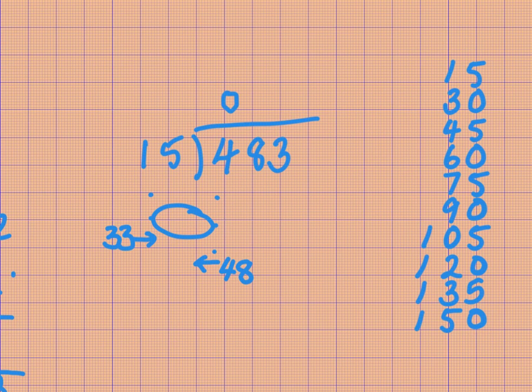I've got nothing left to bring down up here, so this becomes my remainder. And as before, you can express that as a fraction. So just as before, our answer is either 32 remainder 3 or 32 and 3/15, which you can simplify.